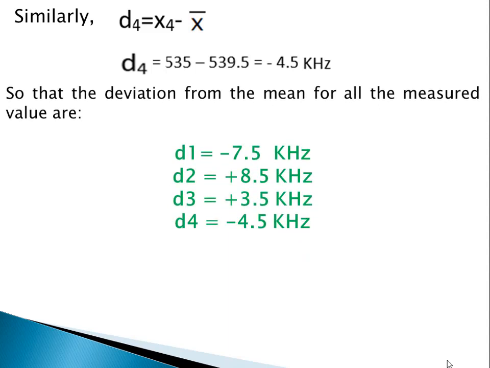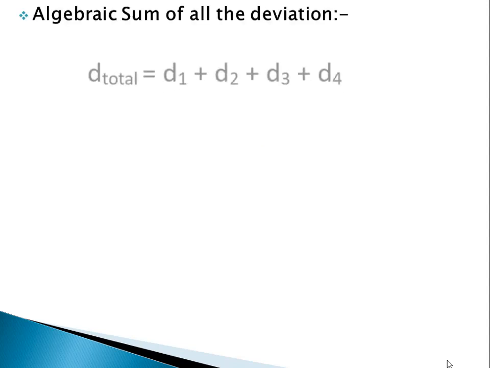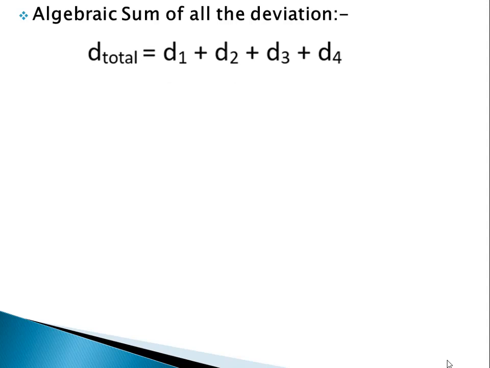So in this problem the deviations from the mean for all the measured variables are d1 is equal to minus 7.5 kilohertz, d2 is equal to plus 8.5 kilohertz, d3 is equal to plus 3.5 kilohertz, and d4 is equal to minus 4.5 kilohertz. Now let us calculate the algebraic sum of all the deviations, so d total is equal to d1 plus d2 plus d3 plus d4.